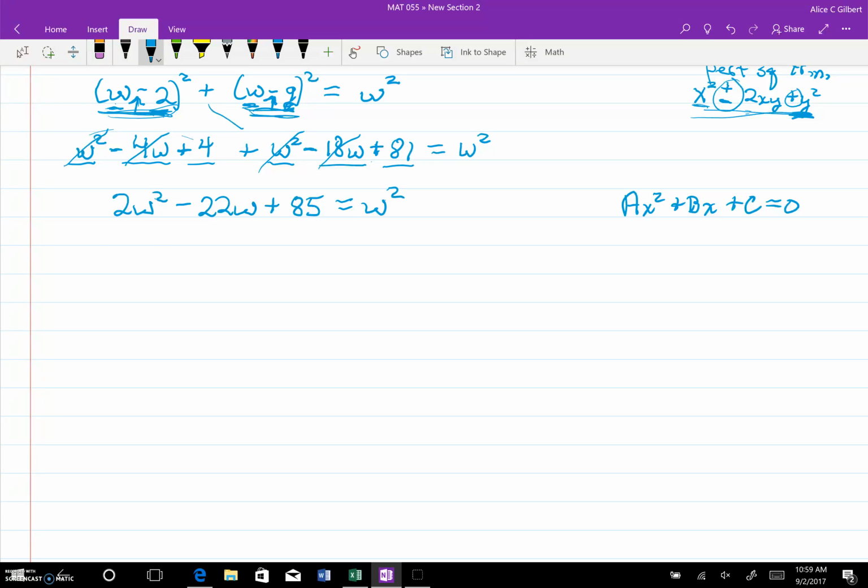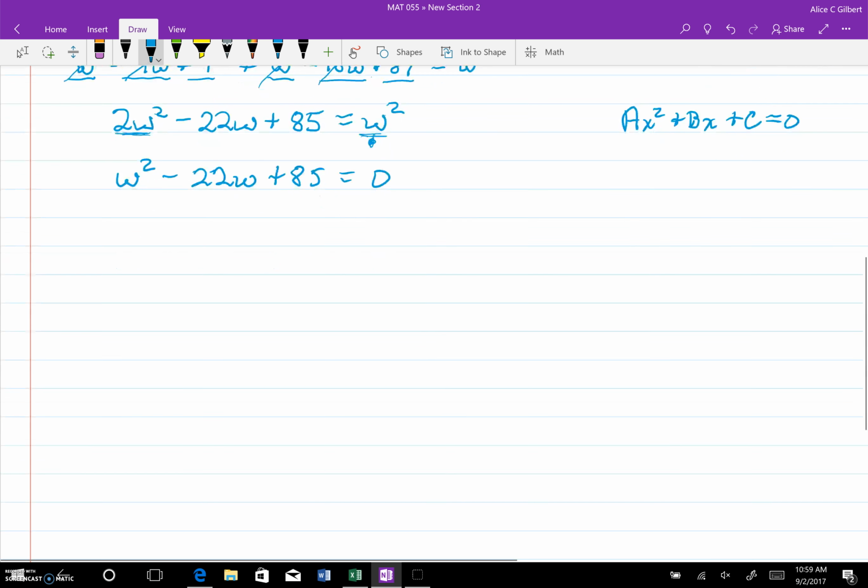So because this is squared and this one's squared and this one's positive and it's bigger, I am going to move this guy to the other side. So I'm going to subtract him. So 2w squared minus w squared gives me 1w squared. Never write the 1. Minus 22w plus 85 equals 0.